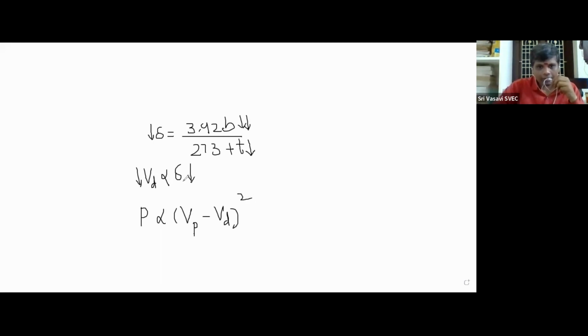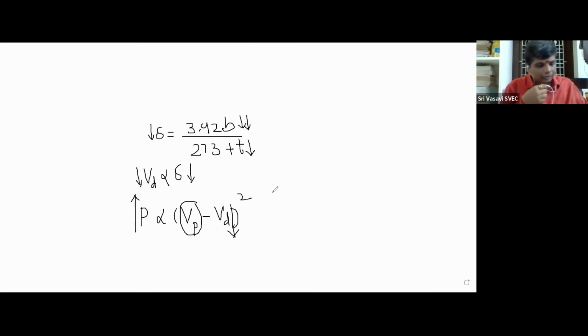So when the air density factor is less, Vd is less, so corona takes place at lower voltages. If the operating phase voltage is constant, corona occurs at very low voltages, so the power loss is very high. That's why, compared to normal areas, in hilly areas the corona loss is very high.